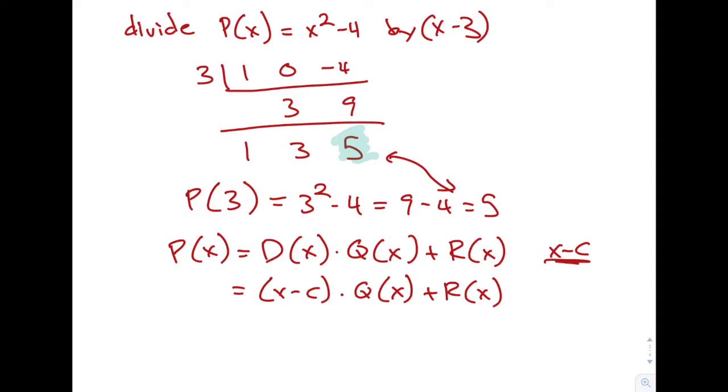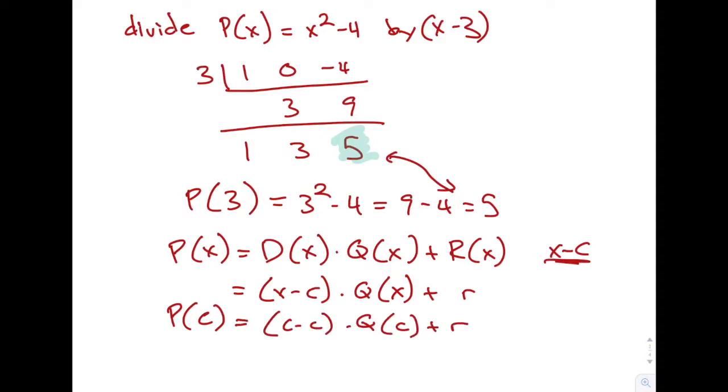So let's substitute r for r of x. So we end up with this. Now, if we're plugging c into the polynomial, p of c equals c minus c times q of c plus r. So this term just goes to 0, and we're left with r. So that's a quick and dirty proof for why this is true.